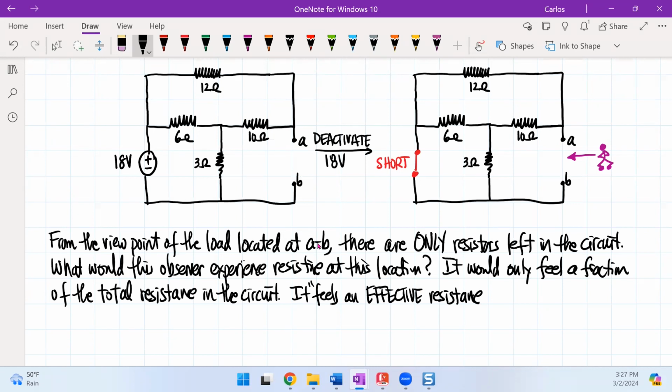There's charge screening, so it doesn't feel the full electric field of the nucleus, which we call the Thevenin resistance.